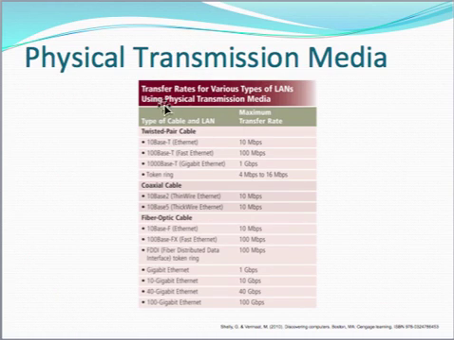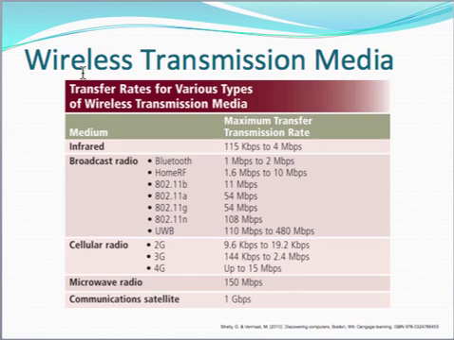And here we have some transfer rates for different types of physical media. I'm not going to read them. You can browse them or read them later. Here we have wireless transmission media, and we have transfer rates for wireless transmission media.